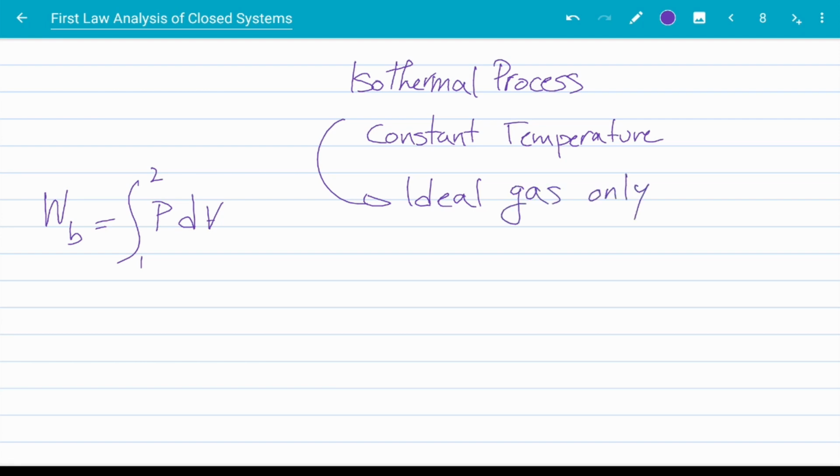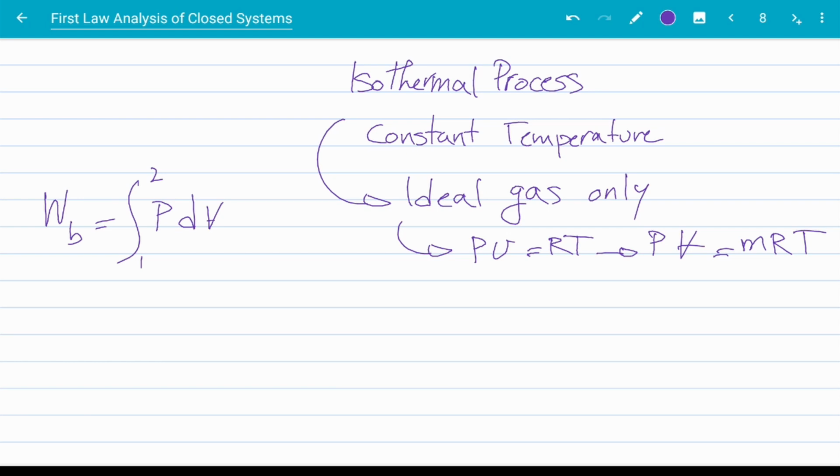Now, for an ideal gas, we know that pressure times specific volume is R, the gas constant, times temperature, or pressure times volume is the mass of the gas times the gas constant times temperature. Now, if we are talking about closed systems, the mass is not changing.